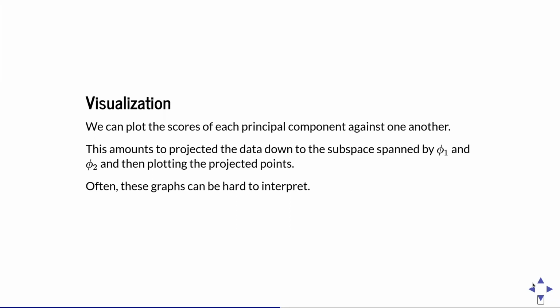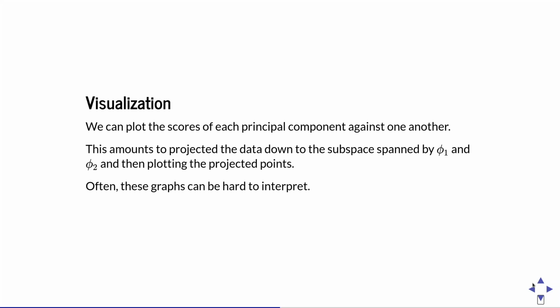A lot of times people will talk about doing the following visualization: you take the scores from each of the principal components and plot them against one another. What this amounts to is projecting the data down to the subspace that's spanned by, in this case, the first two loading vectors, and then plotting those projected points.